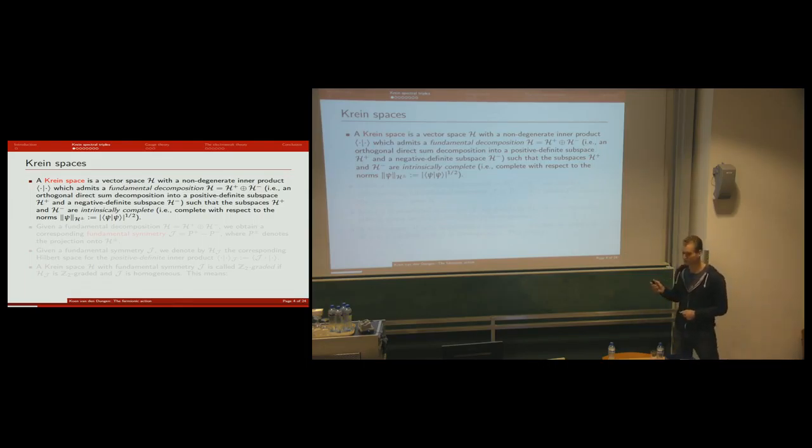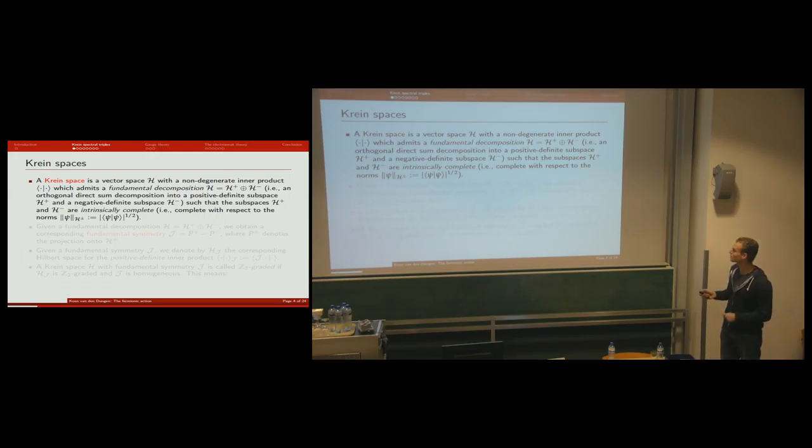And like a Hilbert space, we need a completeness assumption on this space. And the problem is, of course, that an indefinite inner product does not define a norm, so you can't just ask it to be complete in this norm because it's not a norm. So instead what we do is we take a decomposition into a positive definite subspace H plus and a negative definite subspace H minus.